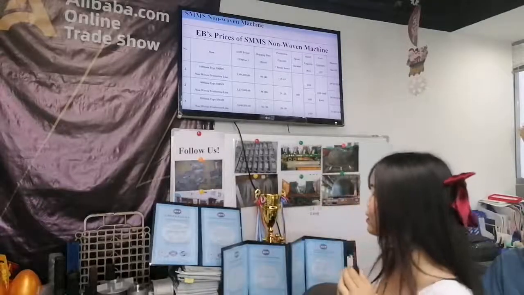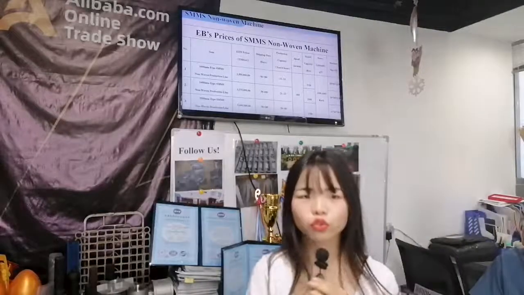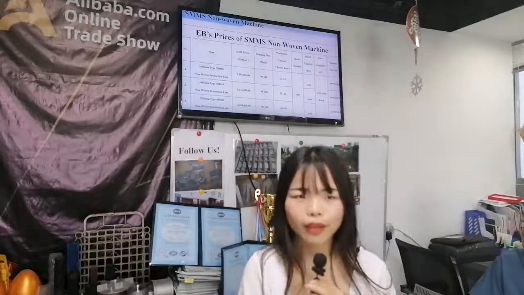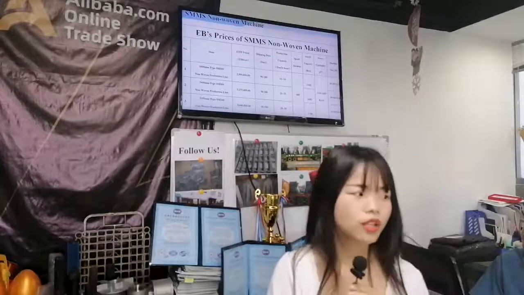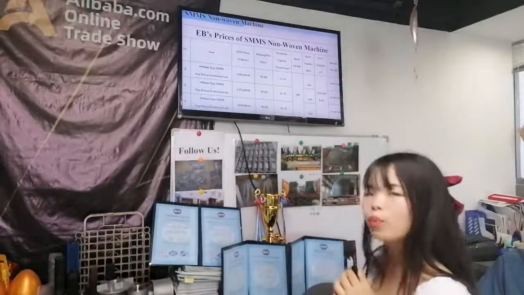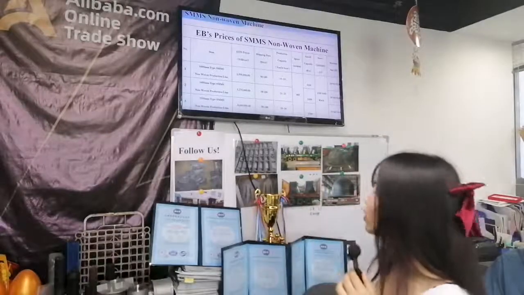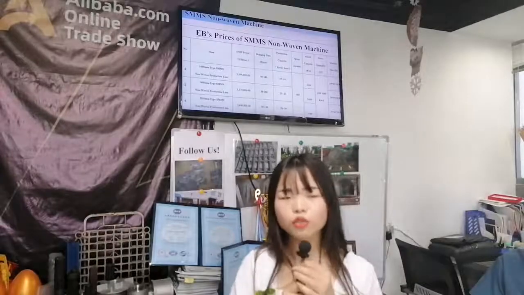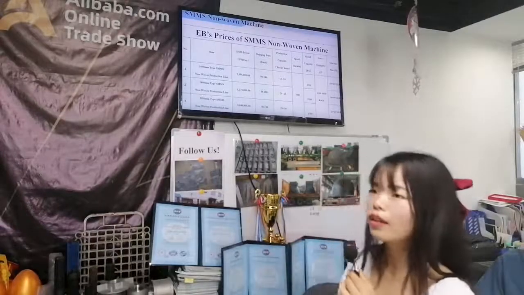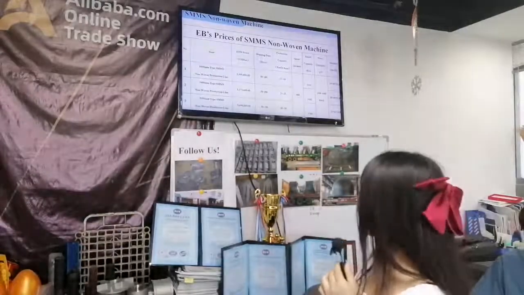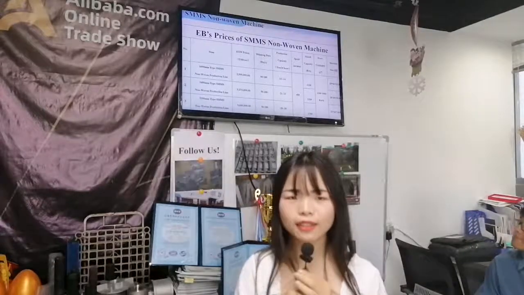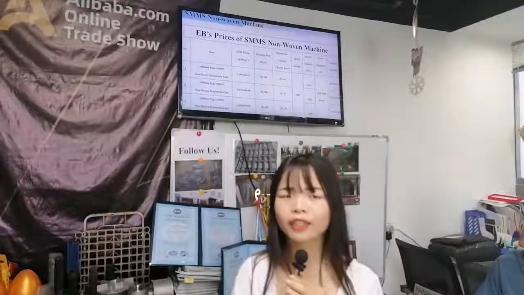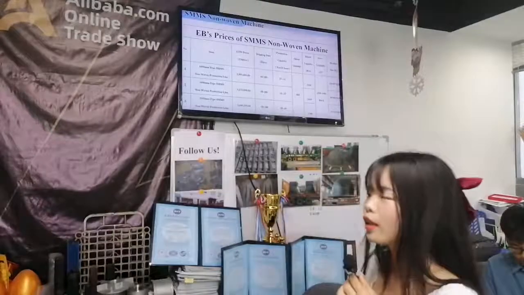Type 3 is the 13,200 mm SMS non-woven production line. This product price is 364 and 3 million. Ship date is 19 to 118 days.